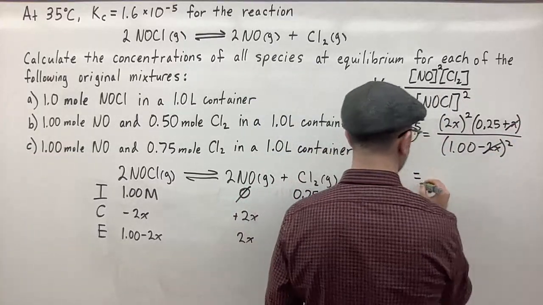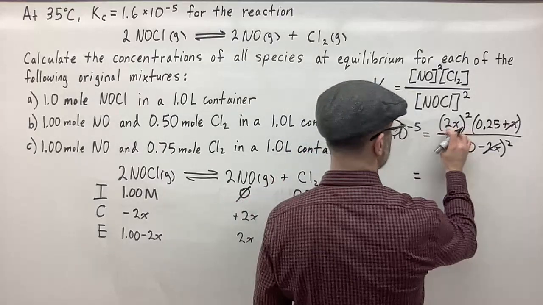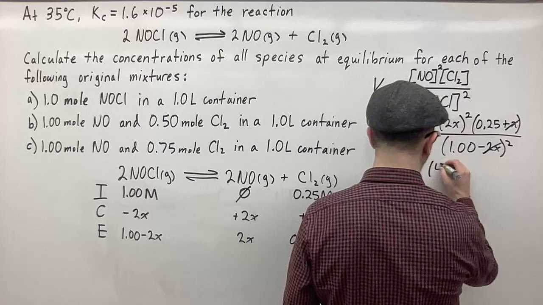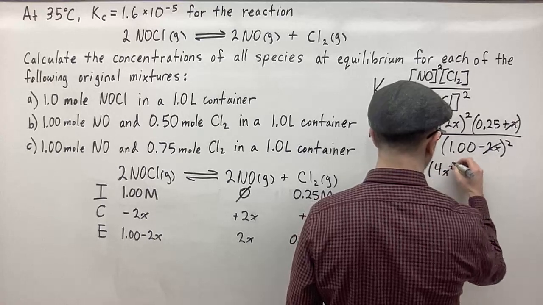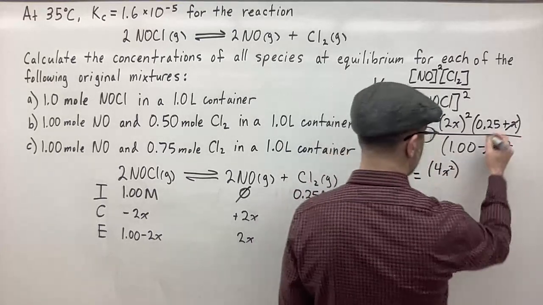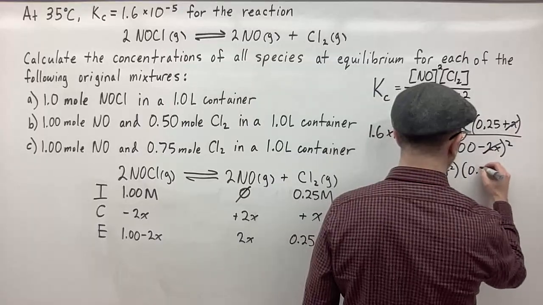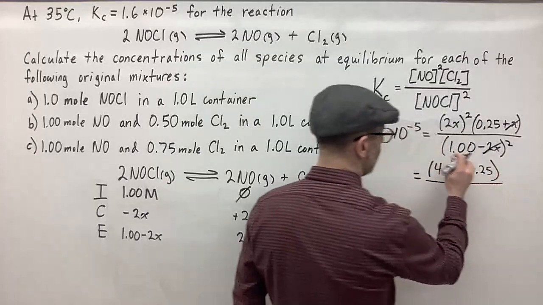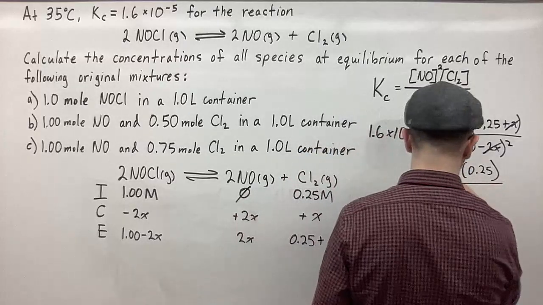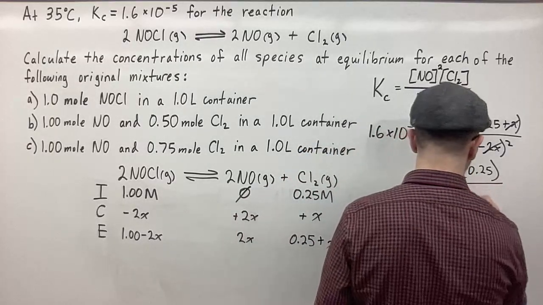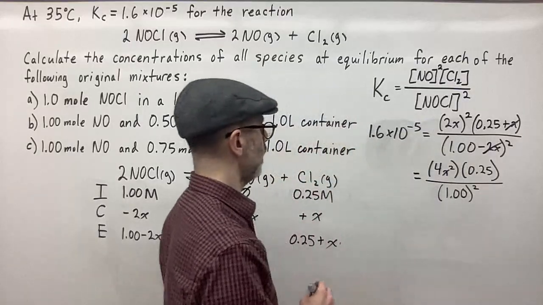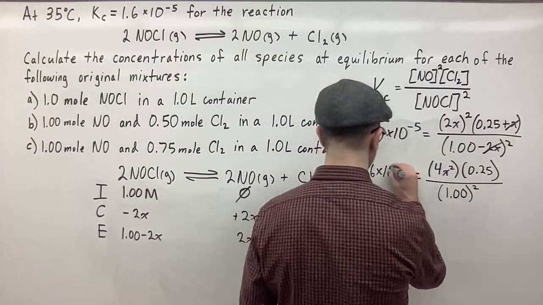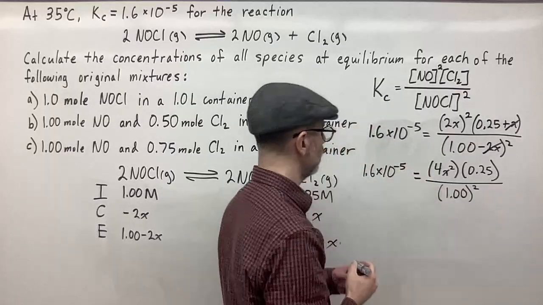And now we can simplify. This is going to be 2x squared, which is going to be 4x squared multiplied by 0.25 divided by 1.00 squared here. And again, that's going to be equal to 1.6 times 10 to the negative 5.